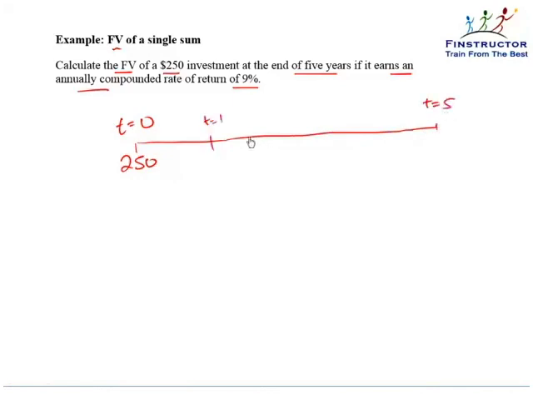There's nothing additional coming at t equal to 1 or 2 or 3 or 4. So the future value means the value at some future date, in this case, at the end of 5 years. The rate of return or the interest rate or time value of money is given to be 9%. Please note, very important for any TVM question is the frequency of compounding.